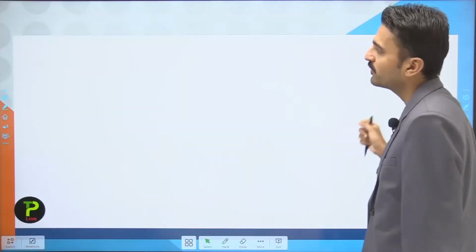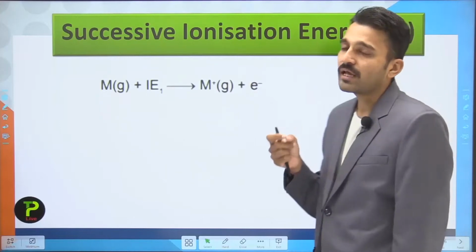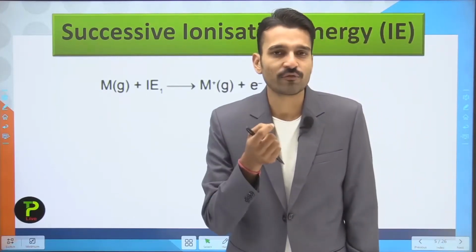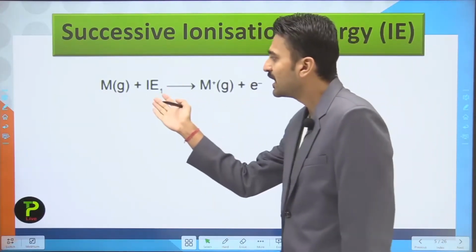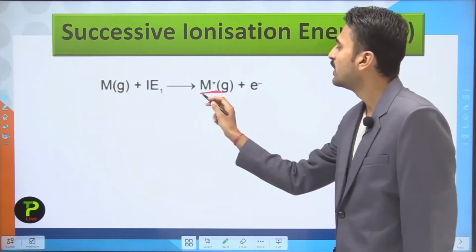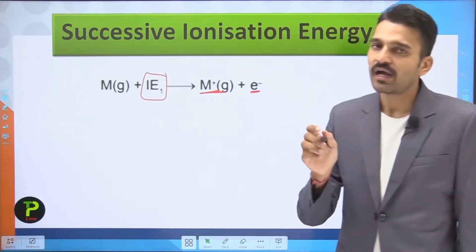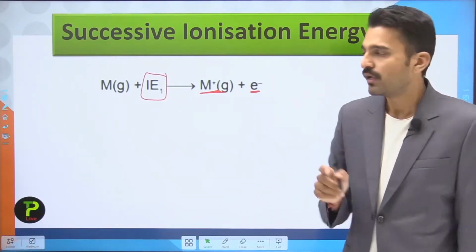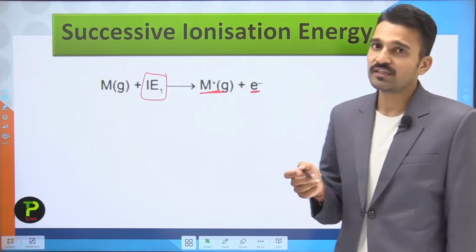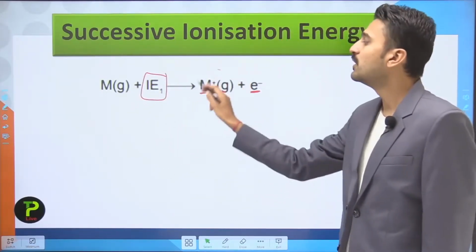Now moving on to successive ionization energy. If we remove a single electron from any atom, it converts into M plus and one electron is removed. This energy is termed the first ionization energy. Now the successive ionization energy means I am removing one more electron from this cation.